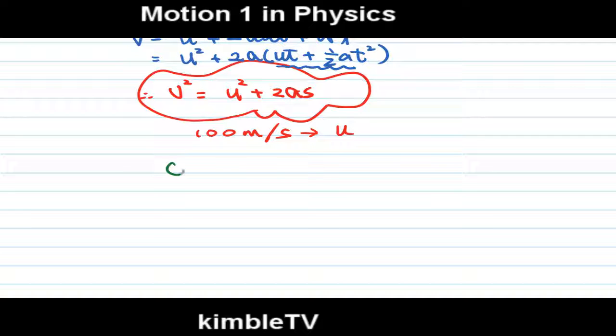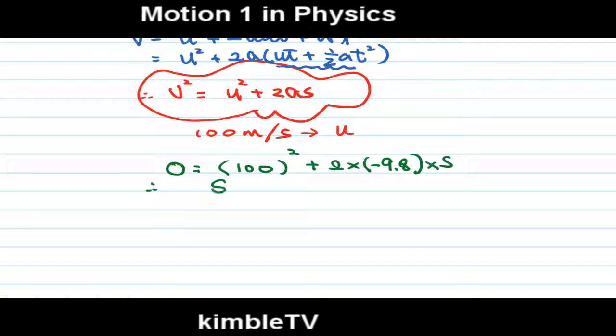Therefore, 0 equals u squared, u is 100 meters per second squared, plus 2 times a must be negative, minus 9.8 meters per second squared, times s.